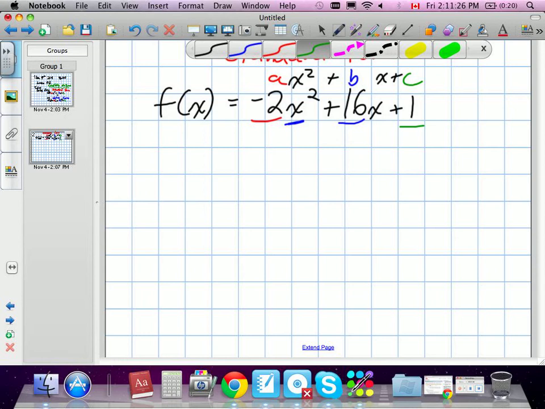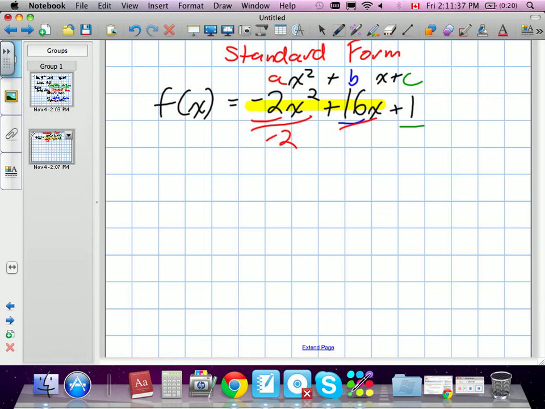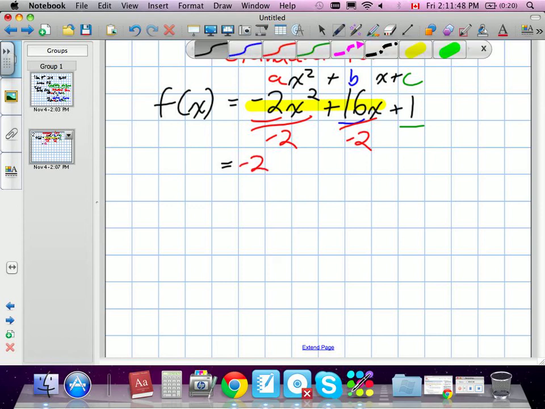Okay? So I'm just going to draw a little. Those 2 terms are what we're going to be dividing by. So we're dividing the first term and the second term by -2. This is common factoring. We've done this before. We're taking -2 out, and we're leaving inside the brackets whatever it's divided by.